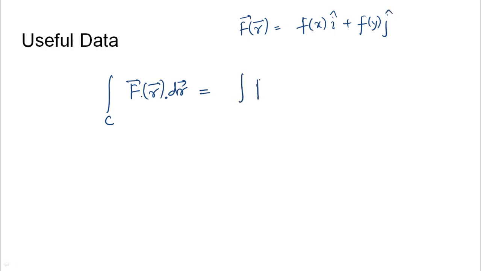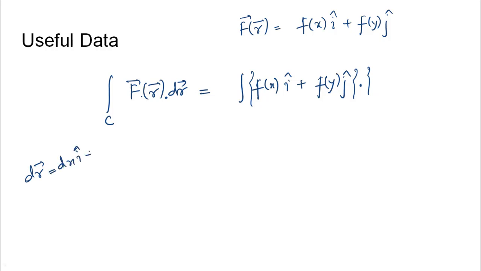So taking this Fx into i cap plus Fy into j cap as a dot product with dr vector, dr vector would be nothing but dx i cap plus dy j cap.